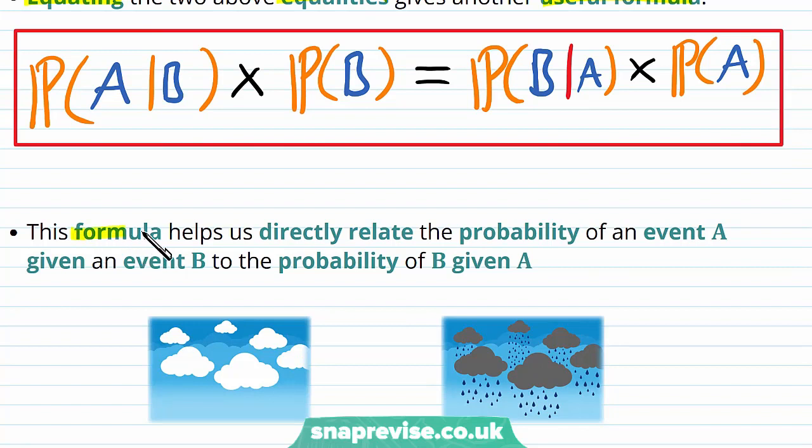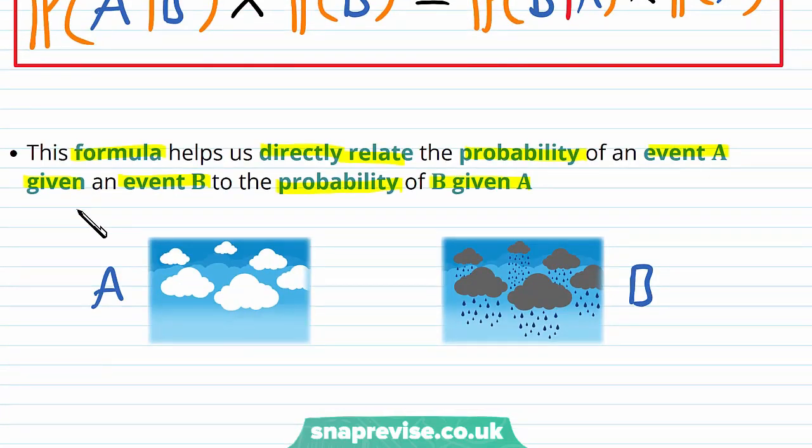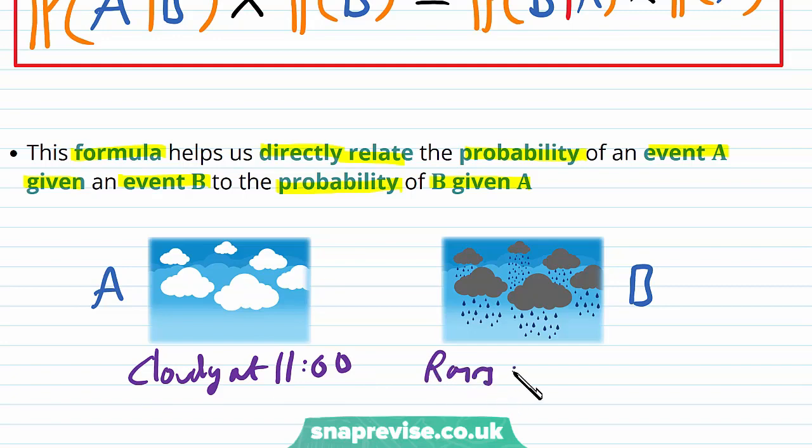This formula helps us directly relate the probability of an event A given an event B to the probability of B given A. Let's say we have two events, event A and event B. Event A is the event that it is cloudy at 11 o'clock, and event B is that it rains at 12 o'clock.